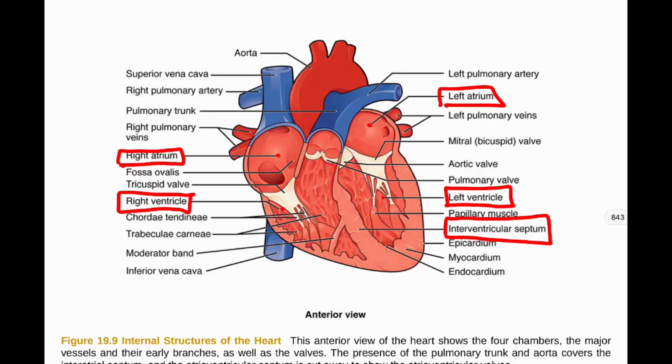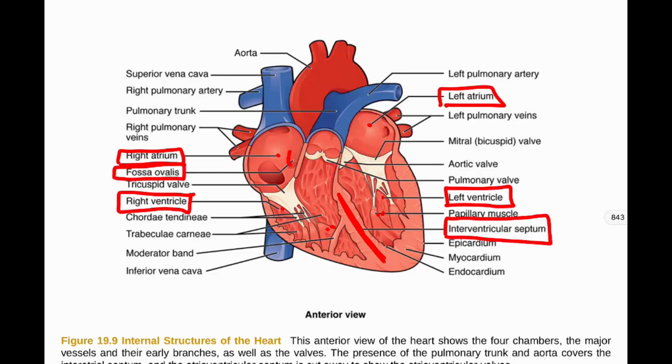What they did show here for the septum between the atria, the interatrial septum, sorry, is the fossa ovalis. So you can see they showed this little oval indent here that would be in the wall right here, or the septum between the 2 atria, the interatrial septum.